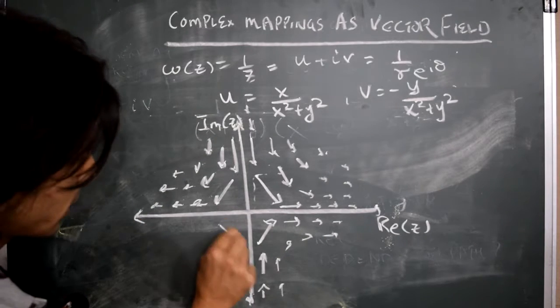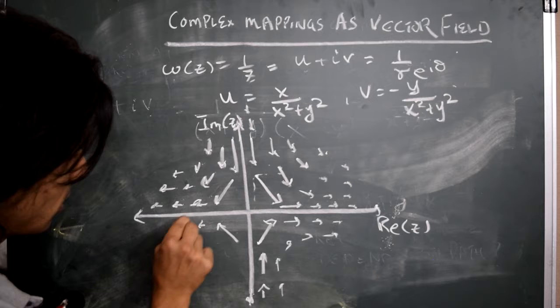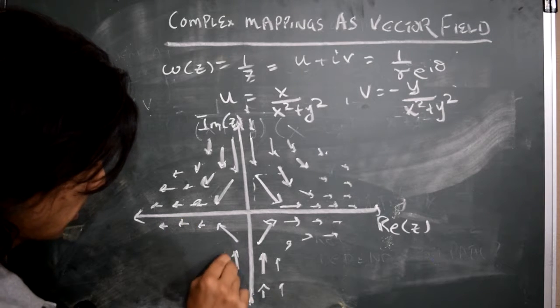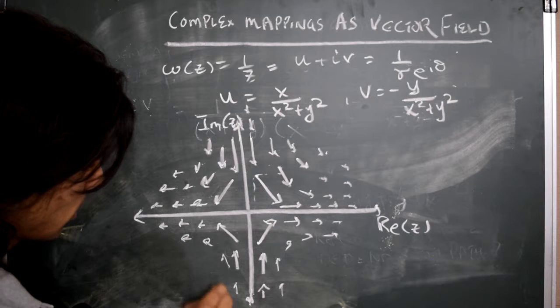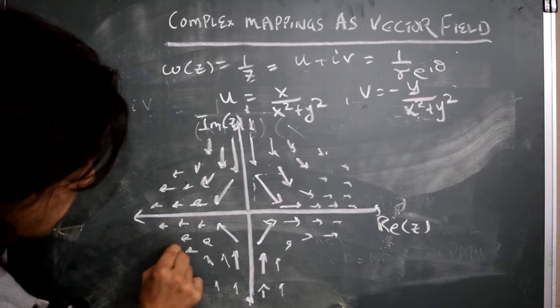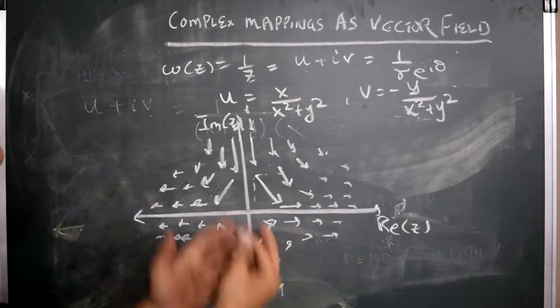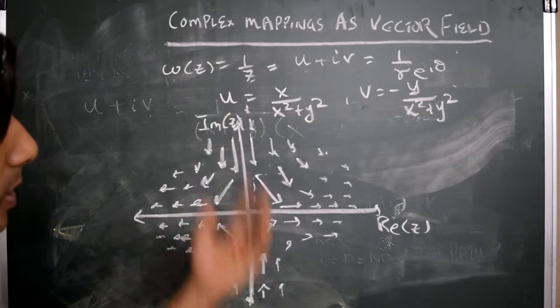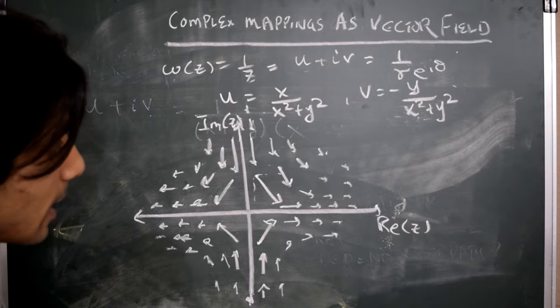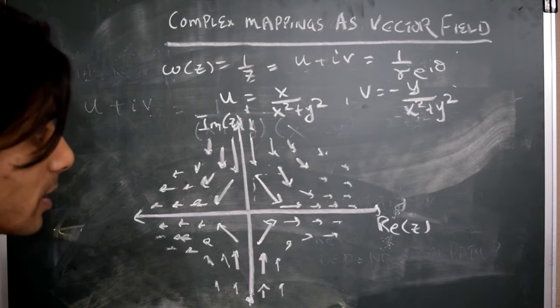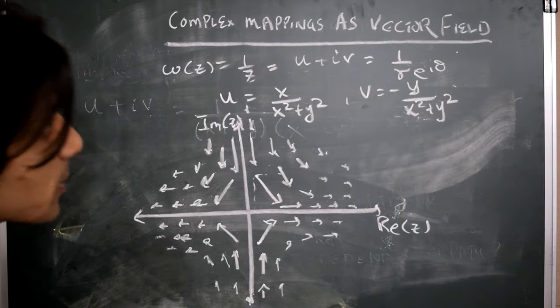And in this quadrant, they will end up pointing in this direction. Okay, so we'll get a vector field for 1 over z, which will look something like this. And this is a very interesting example to keep in mind, and we'll talk about this a little bit more as we go along.